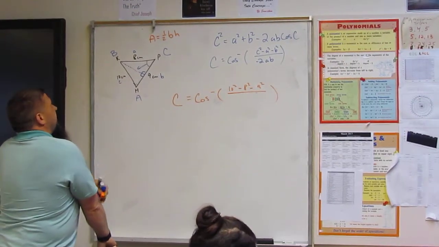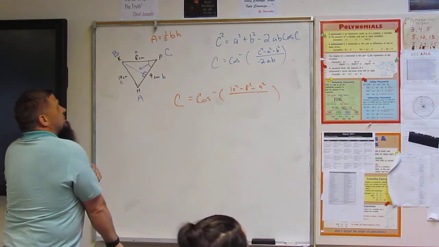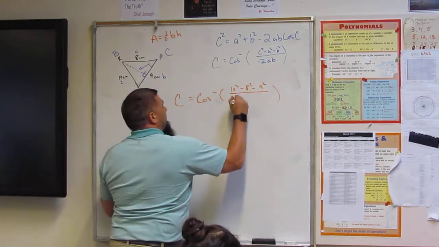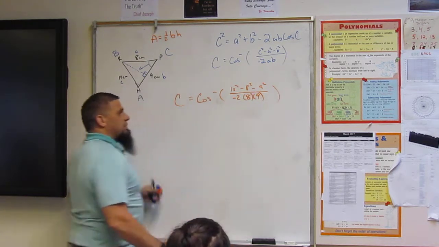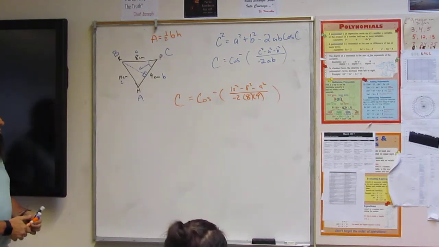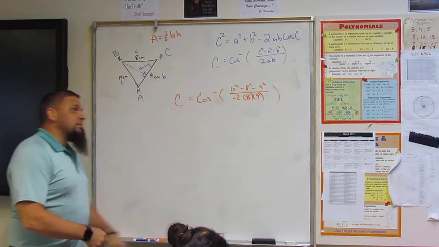A squared, yep, and 9 squared, yep. And so this should be over negative 2, 8, 9, right? Yeah. Okay? Alright, cool. Let's see what happens.